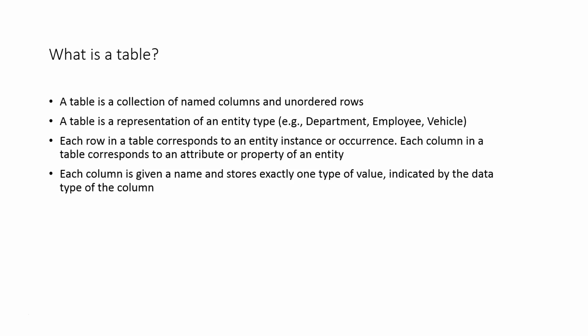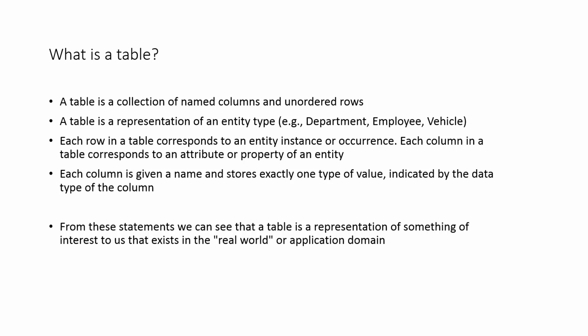And we specify that type when the table is created. Now, from these statements, we see that a table then is a representation of something of interest to us that exists in what we'll call the real world. That is the application domain that is of interest to us.